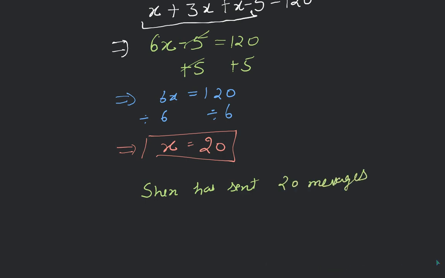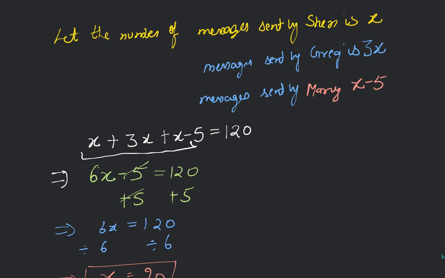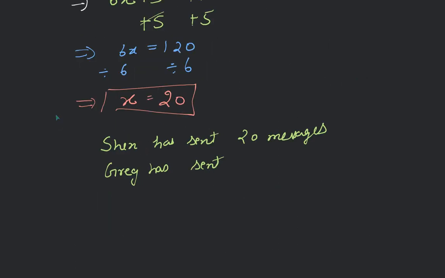This is the answer. And the others, like the number of text messages Greg sent. Since the expression we wrote was 3 times Shen's messages, Greg has sent 3x, which means 3 times 20, and that value is equal to 60.